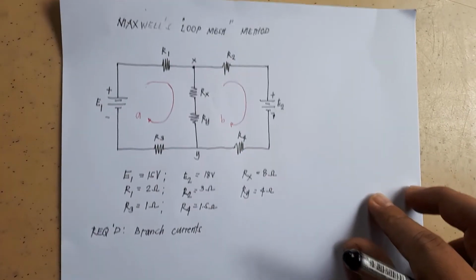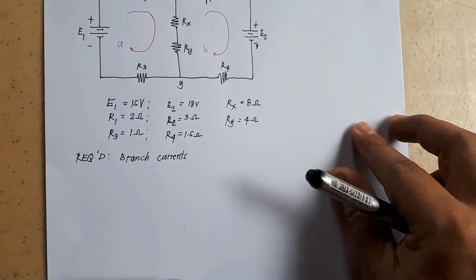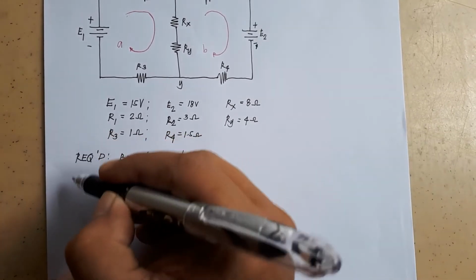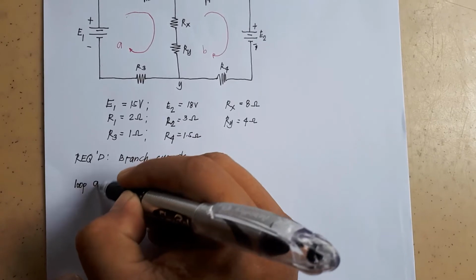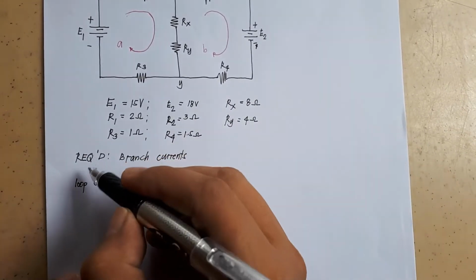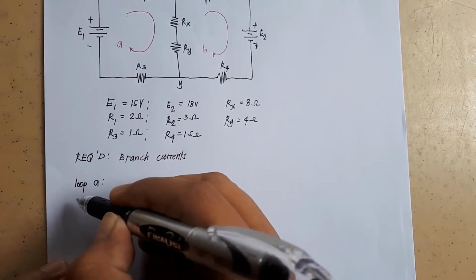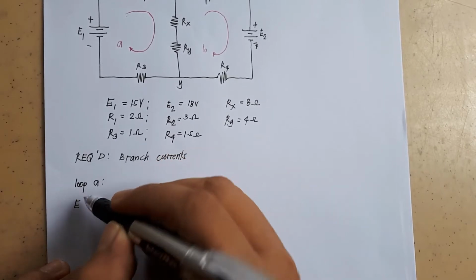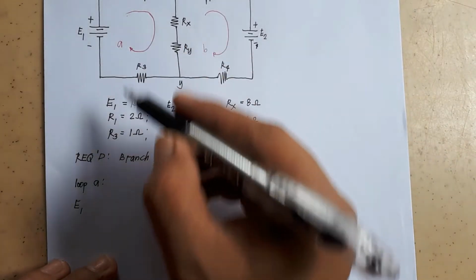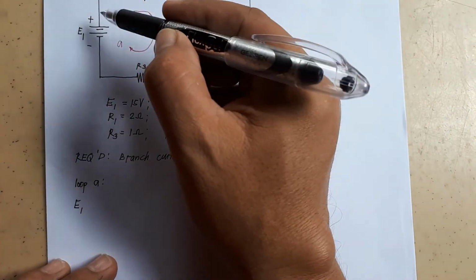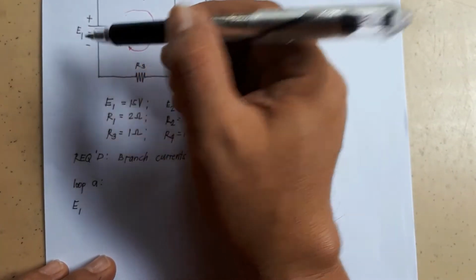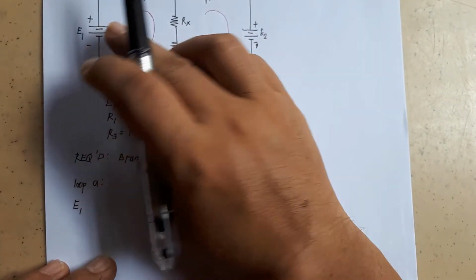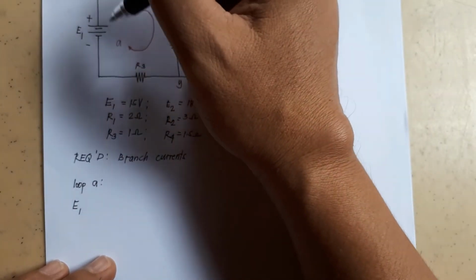To start with, considering now loop A. At loop A, we can have the following elements. We have E1. In order to have a uniform representation of signs, we'll just consider the one where the current leaves that particular element.